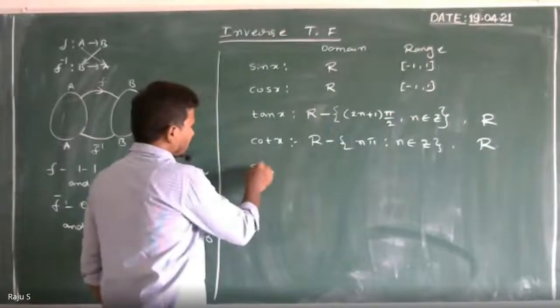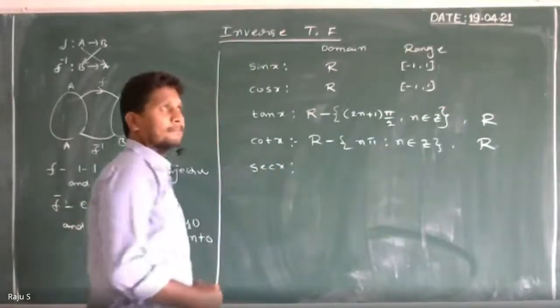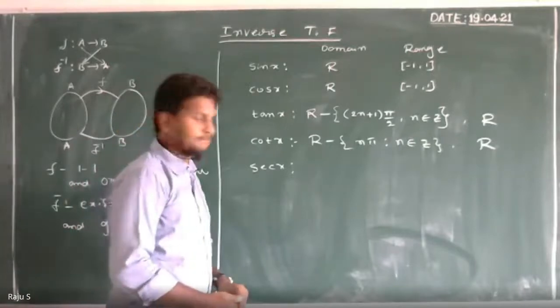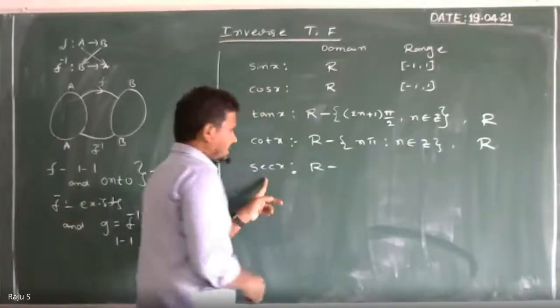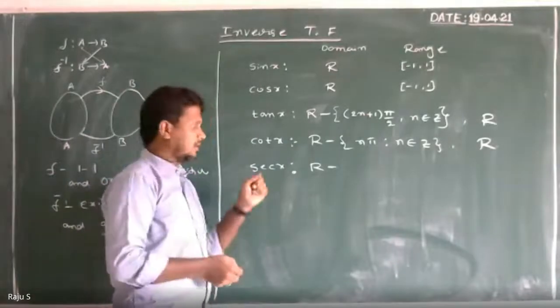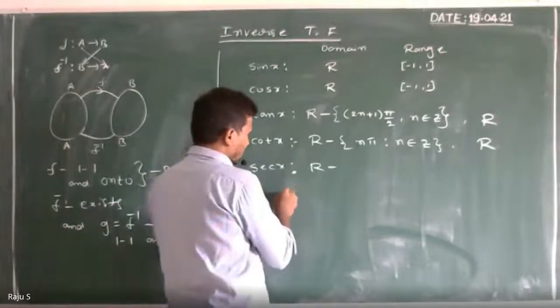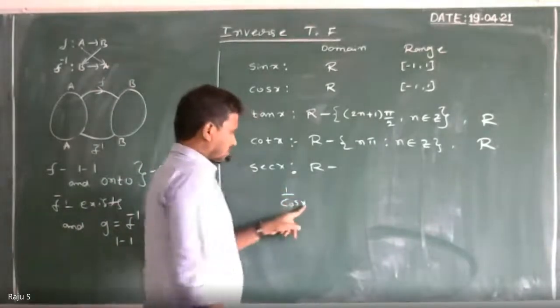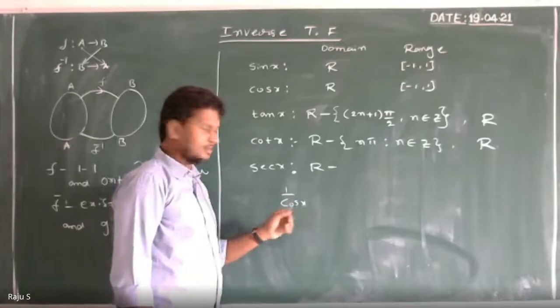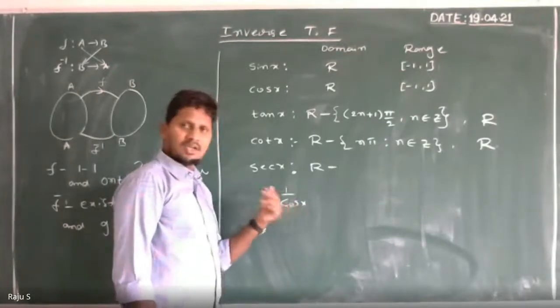In the same way, what about secant x? Secant is 1 by cos. For what values of theta will cos be 0? For x is 90, cos is 0, and for 270 again 0, so something by 0 is undefined.